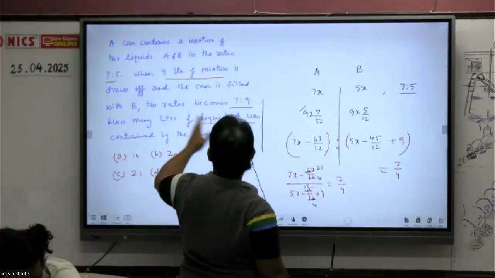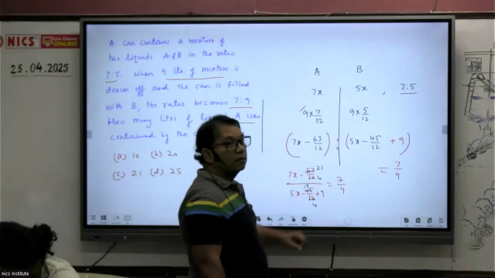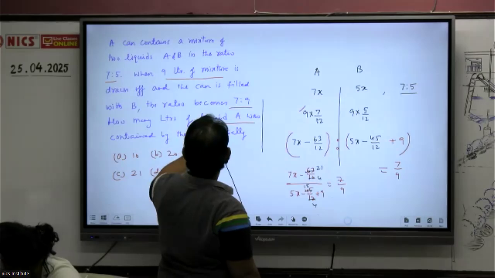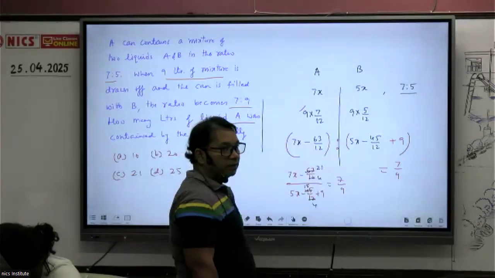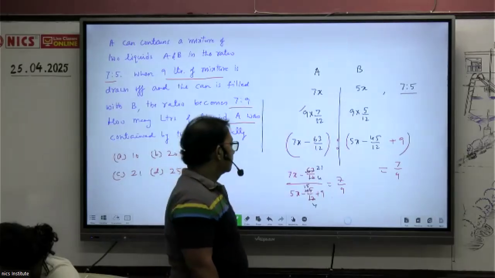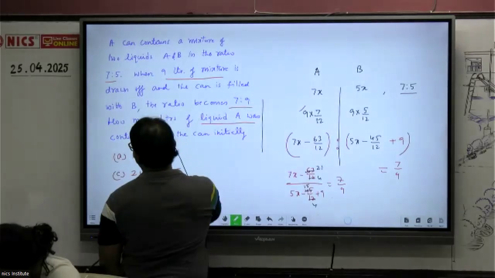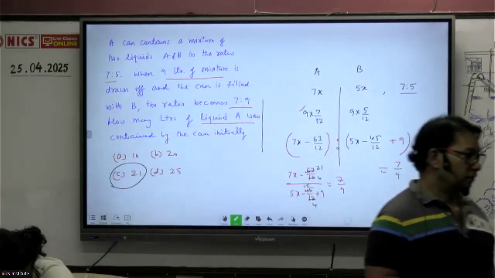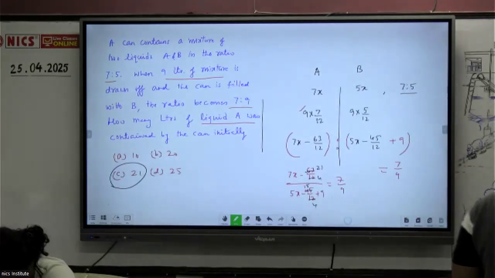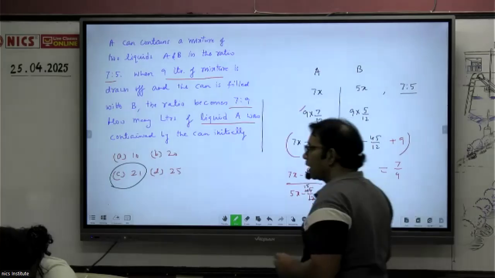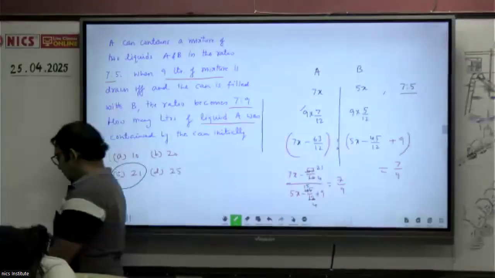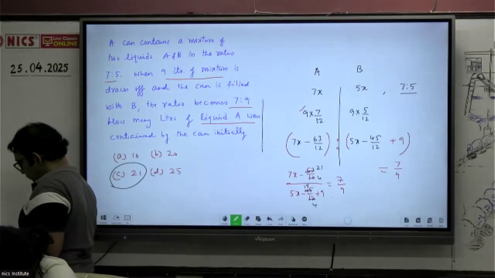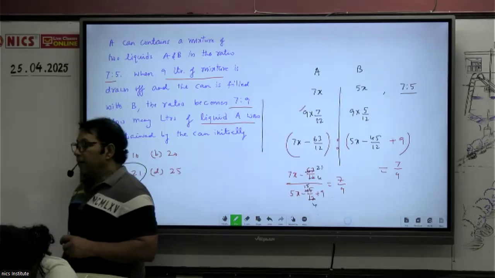Why 5? 9. That means the same amount will be filled. Answer is 21. Right? Ending the class.